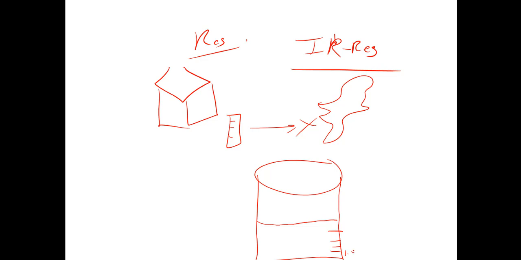So for example, 1 mil, 2 mil, 3 mil, 4 mil. We're then going to stick our irregular object inside. And what will happen is, when we stick the object in there, it displaces the water and makes the water rise.